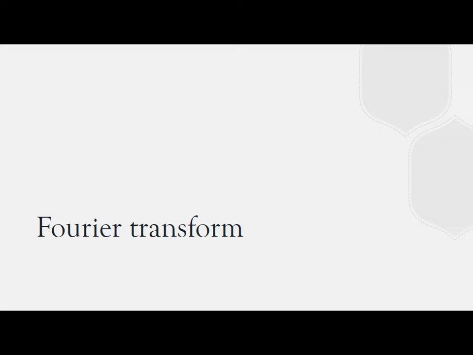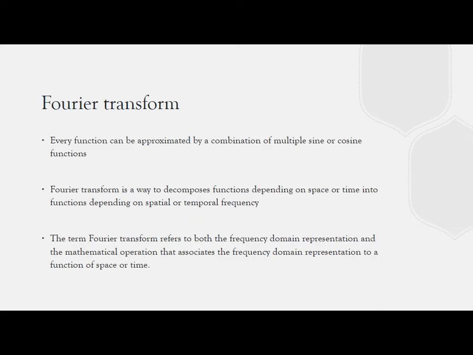So we start with Fourier. What is a Fourier transform? This is a theory that every function can be approximated by a combination of sine and cosine functions.